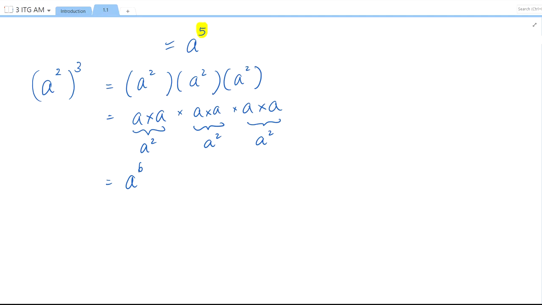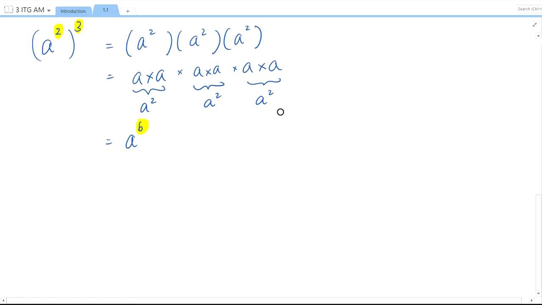We got 6 as the final power because there were 6 factors of a. Where did we get it from? We had 3 factors of a square. That's where we got the cube. And each factor of a square is actually made out of 2 factors of a. So we should be able to see that this 6 came from 2 multiplied by 3.